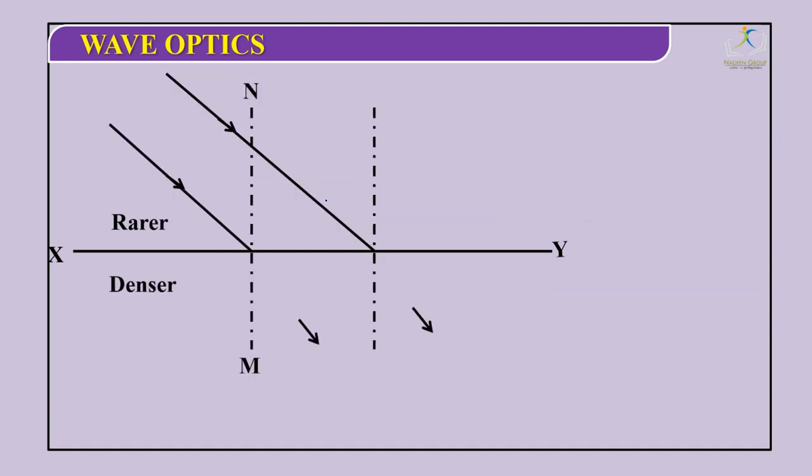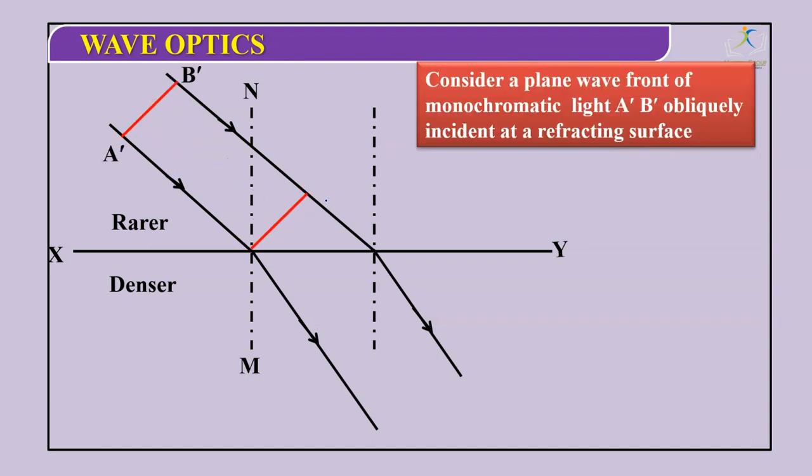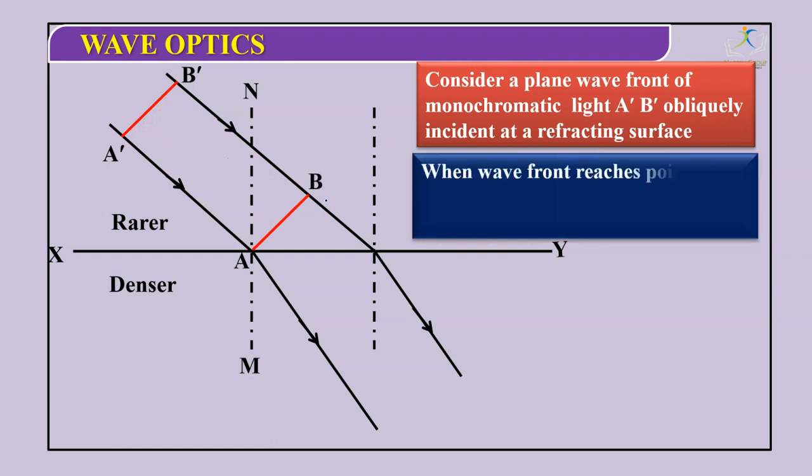And when the light ray is striking from the rarer medium to the denser medium, it will be bent towards the normal, as you can see over here. So consider a plane wavefront of a monochromatic light ray, A'B', obliquely incident at the refracting surface. When the wavefront reaches point A, it becomes secondary waves in the second medium.